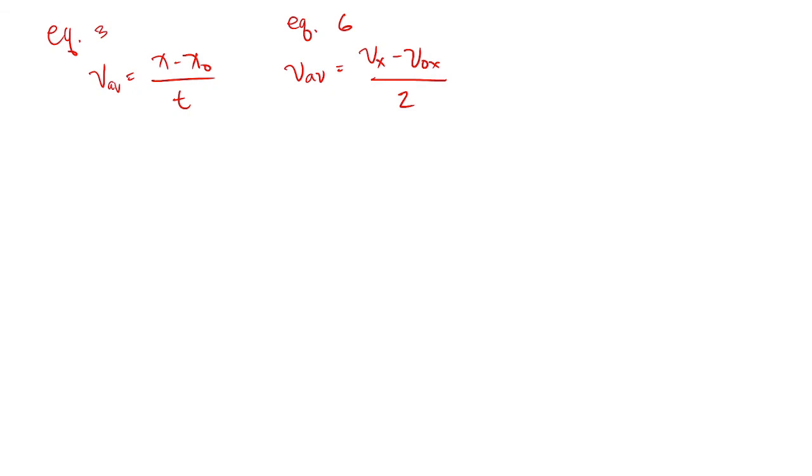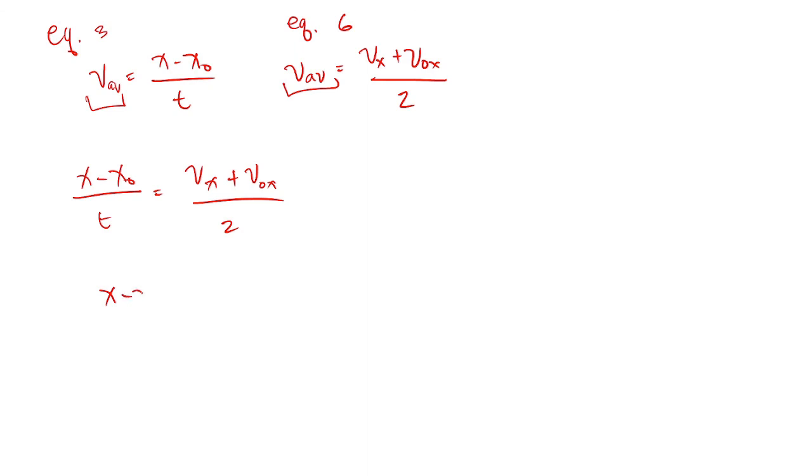As you can see here, both of them have the parameter average velocity, meaning to say our x minus x naught, or our displacement over time, is actually equal to the average of our initial and final velocity.